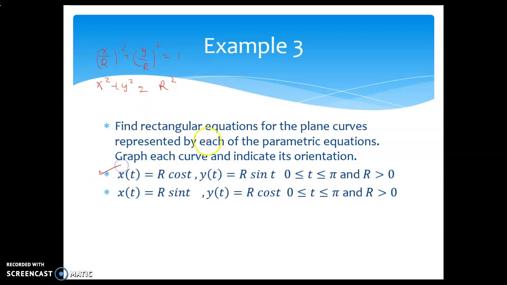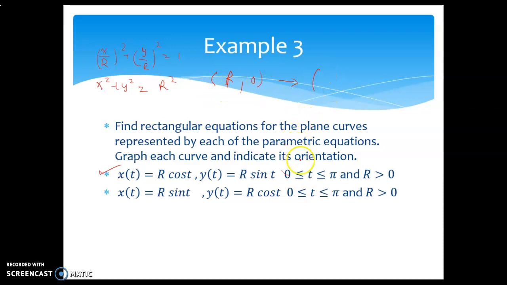When we plug in 0 here, we get r, and when we plug in 0 for the other, we get 0, so it starts from (r, 0).